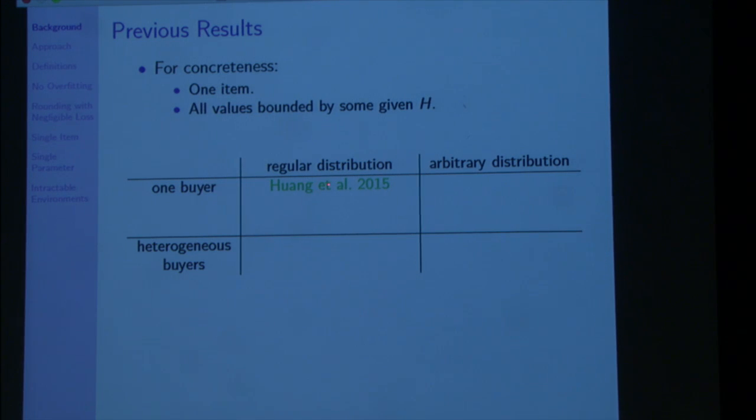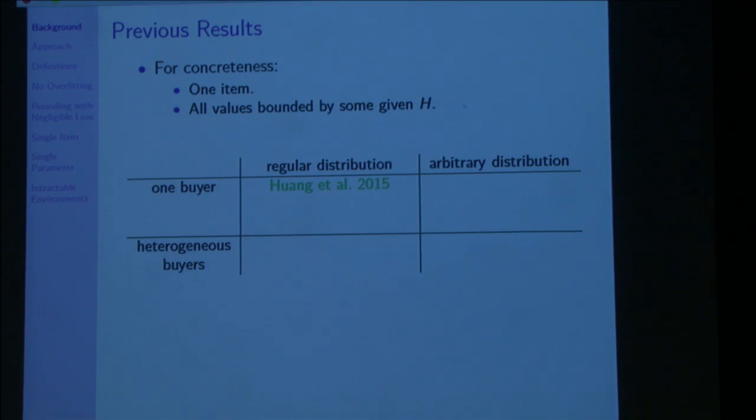So Huang et al. 2015, it's actually an older paper, it was published in 2015, solved this. And when I say solved, I mean that they gave a polynomial time algorithm that takes polynomially many samples and outputs an auction that is PAC for the unknown distribution.